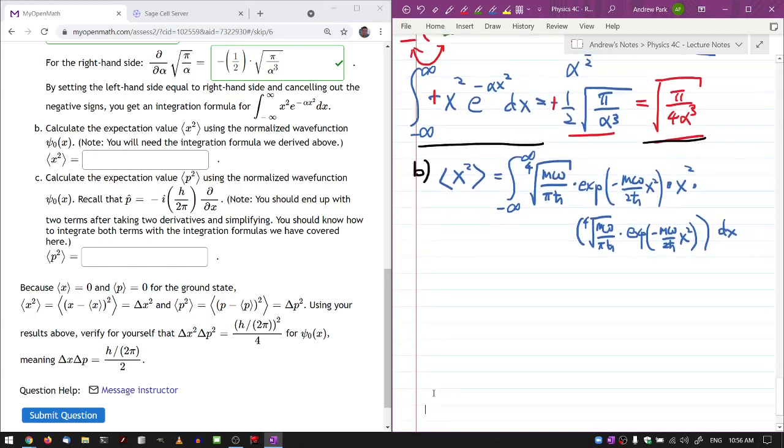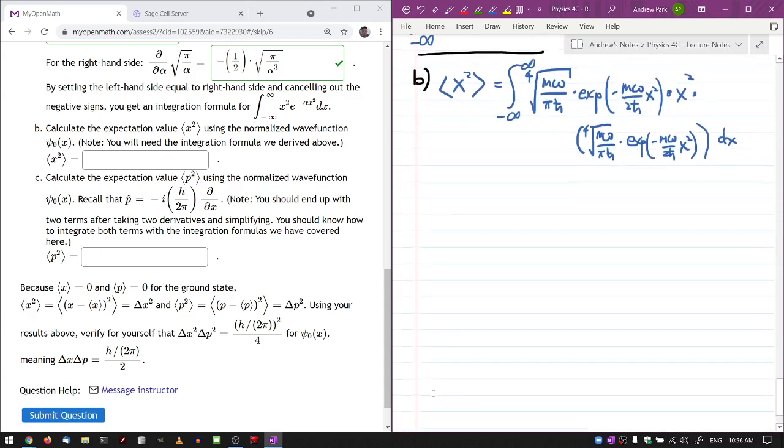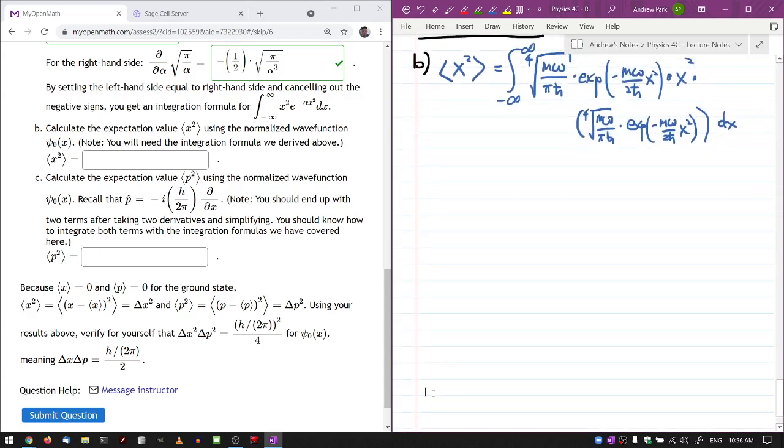Staring at it, the multiplication by x squared doesn't depend on order, it commutes. So I can just combine these two wave function forms without too much problem. Let me do that simplification. These two coefficients multiply and they are constant, so I'm going to pull them out of the integral.